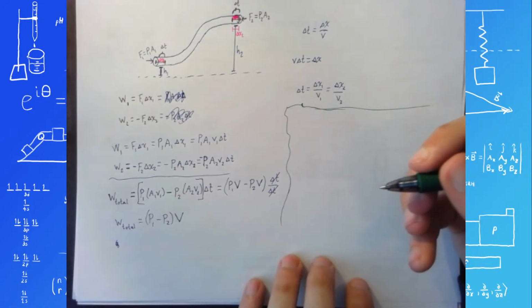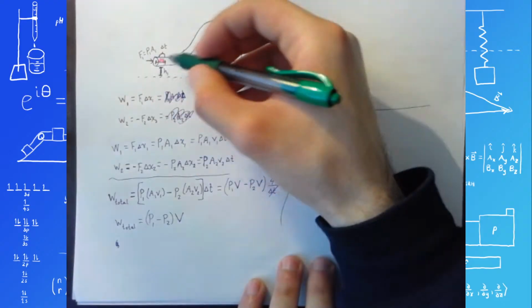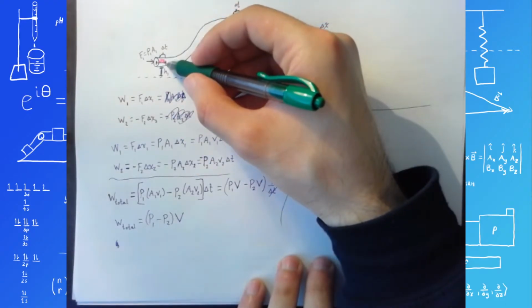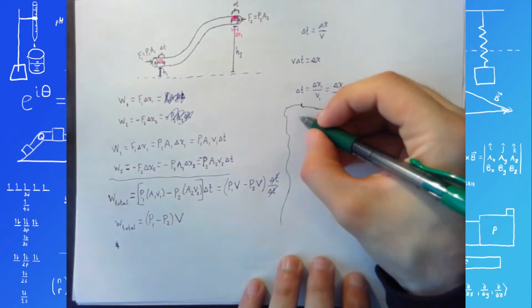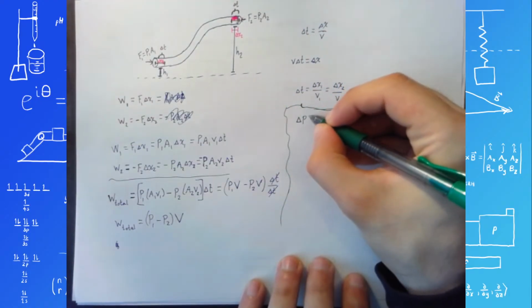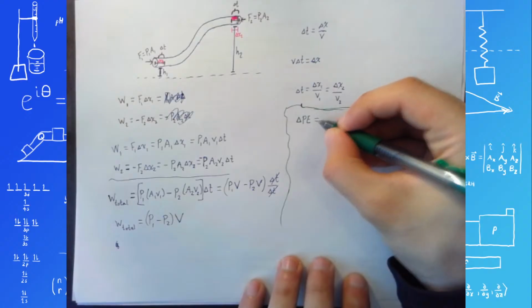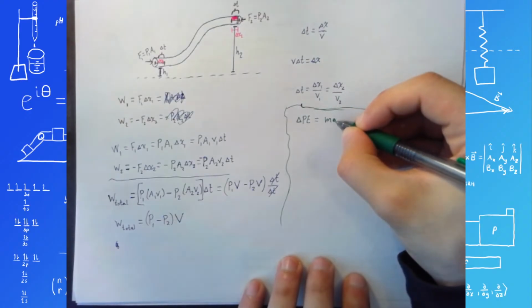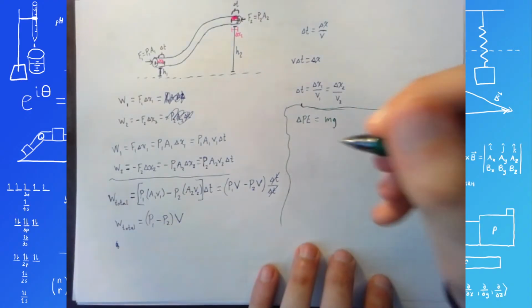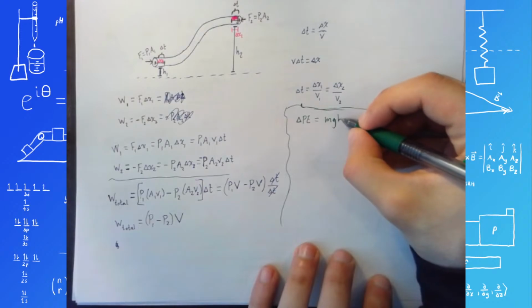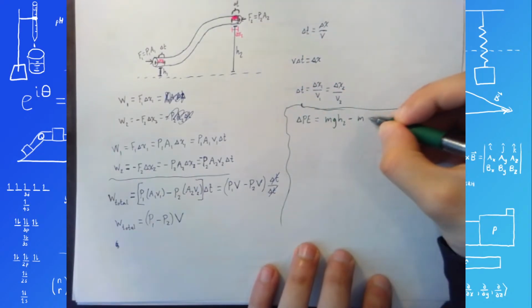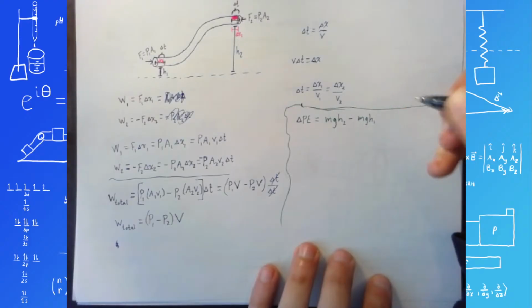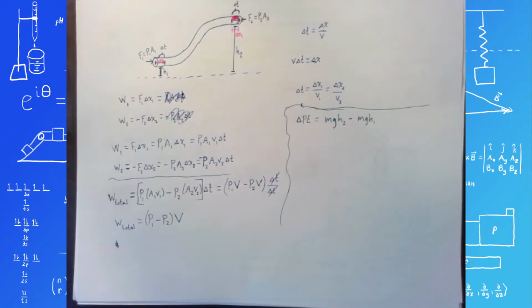We are going to experience a change in potential energy of mg times h2 at the top minus mg times h1 at the bottom.